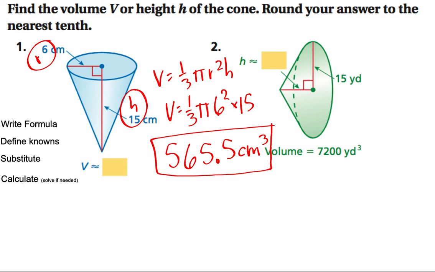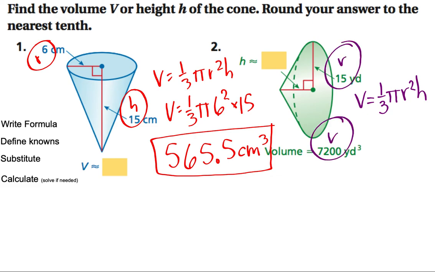The last one here on the video for right now, since it's a cone, V equals 1/3 pi r squared h, then we need to identify some things. We know that V is 7,200, R is 15. So this is 7,200 equals 1/3 pi 15 squared times h. Now if I use my quick method here, I would divide by 1/3 pi 15 squared and just do it all on my calculator.